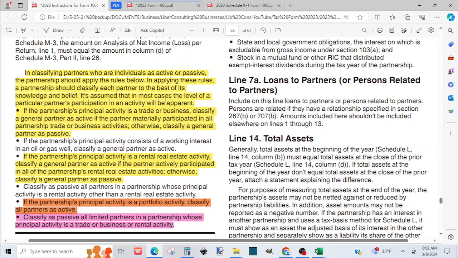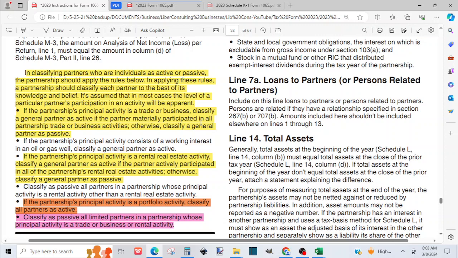It is assumed that in most cases, the level of particular partner's participation in an activity will be apparent. If the partnership principal activity is a trade or business, classify a general partner as active if the partner materially participated in all the partnership trade or business activities. Otherwise, classify the general partner as passive.